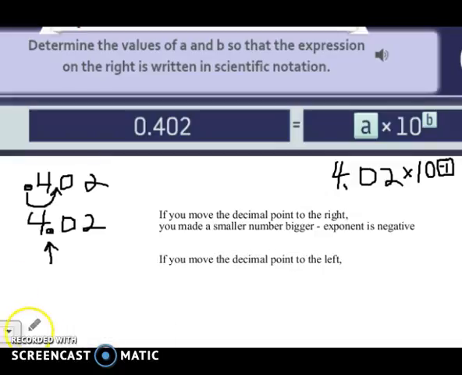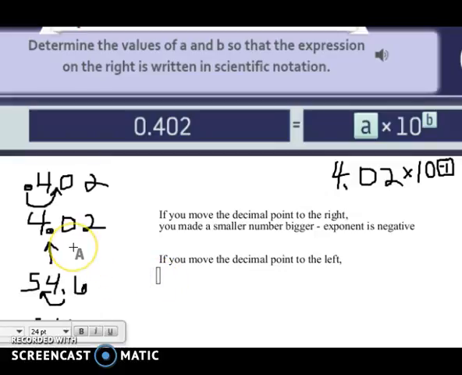If I had the number 54.6 and I want to get that into scientific notation, I have to move this decimal point right in front of the first number because all scientific notation has a number and then a decimal point after it. 54 is bigger than 5. I had to make a bigger number smaller. So that's a positive exponent.